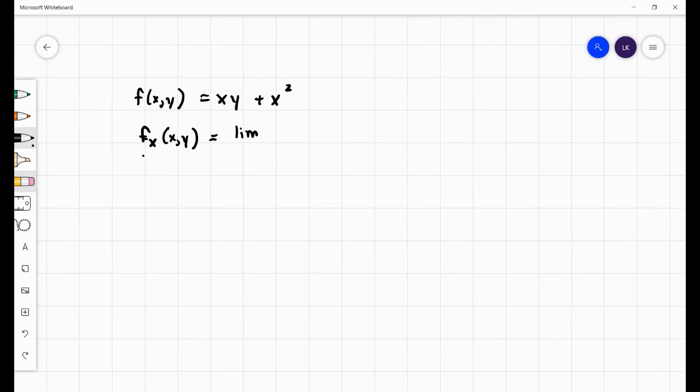So here I'm taking a derivative with respect to x. So I'm going to let h go to 0, and we would evaluate the function at x plus h, because it's x that we're going to vary, and y is going to be fixed. And then we find the difference between the function at (x plus h, y) and the function at (x, y), and divide by the change in x, which is what we call h.